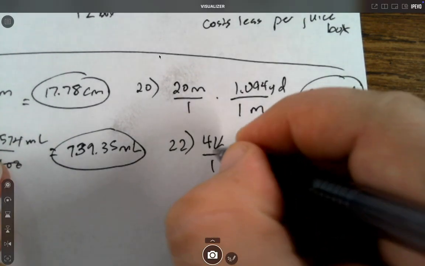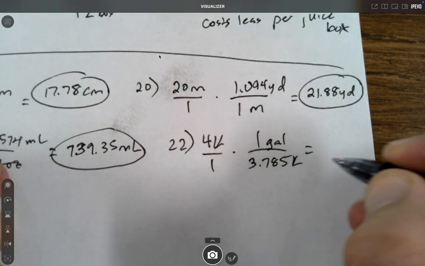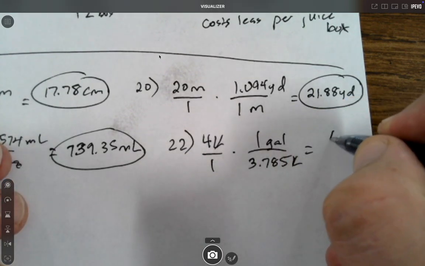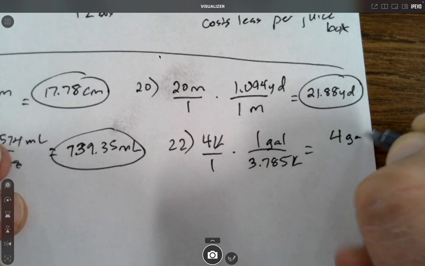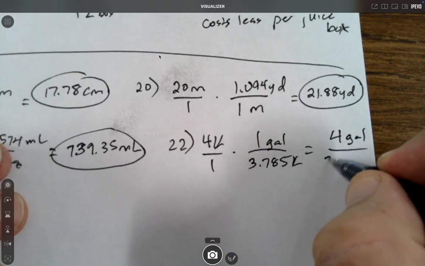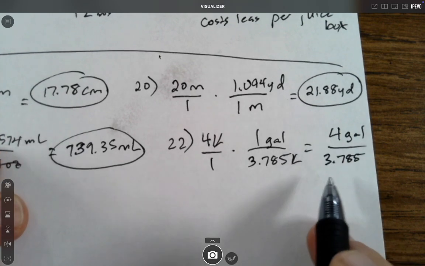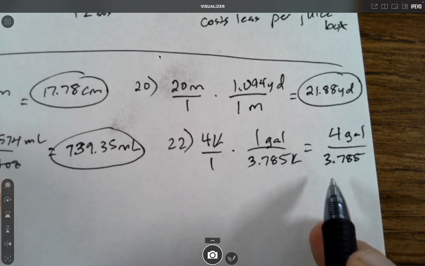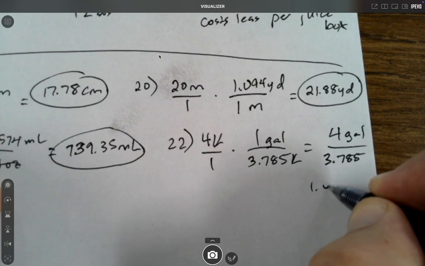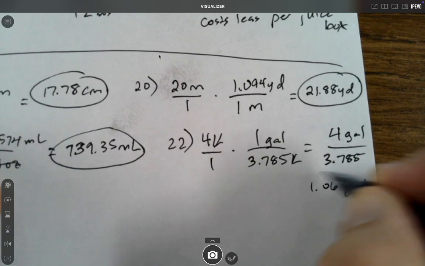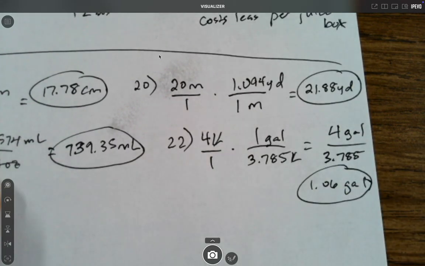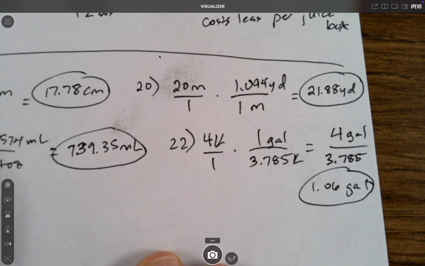So the liters measurement cancels out. When I multiply this, 4 times 1 on top, and 1 times 3.785 on the bottom, this means I need to divide 4 by 3.785, and I get 1.06 gallons. So 4 liters is just a little more than 1 gallon.